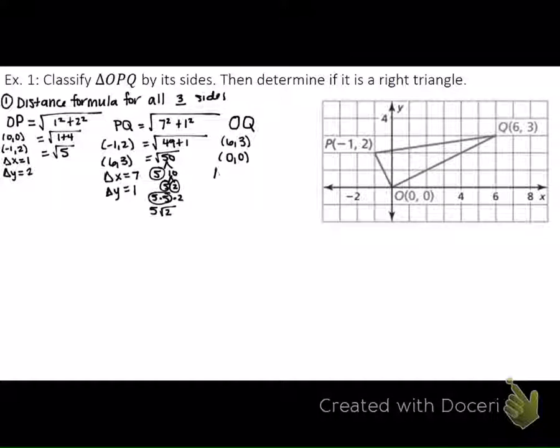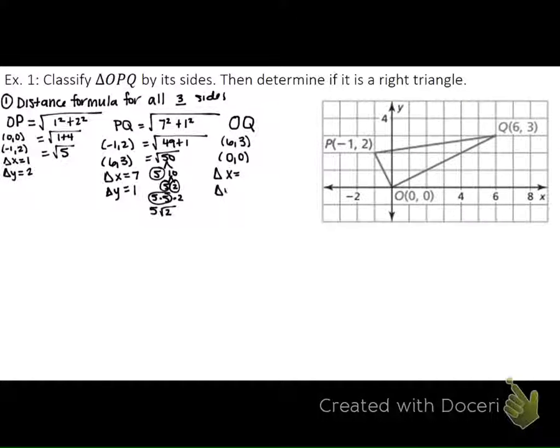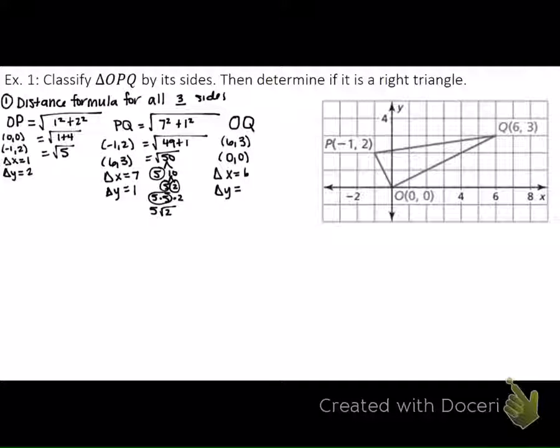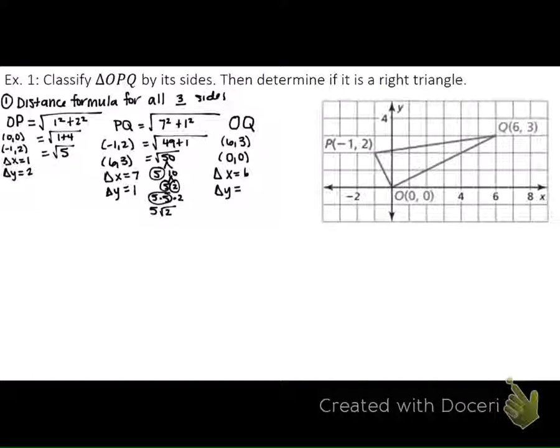Okay. Kylie, change in X for OQ. 6. Good. Change in Y, Austin, for OQ. 3.